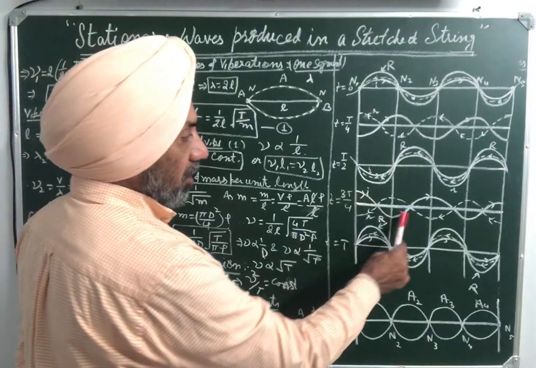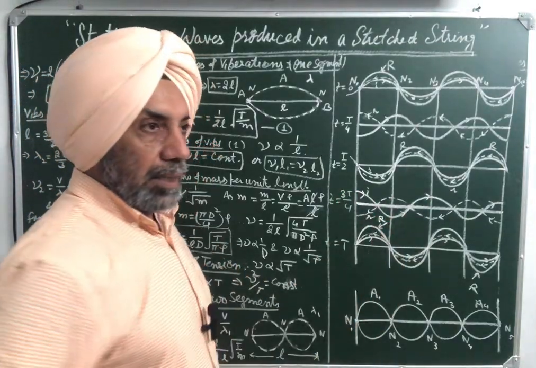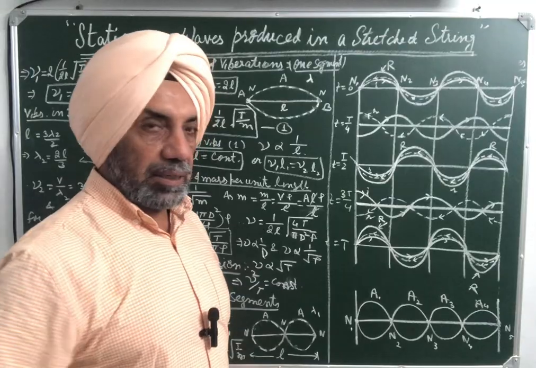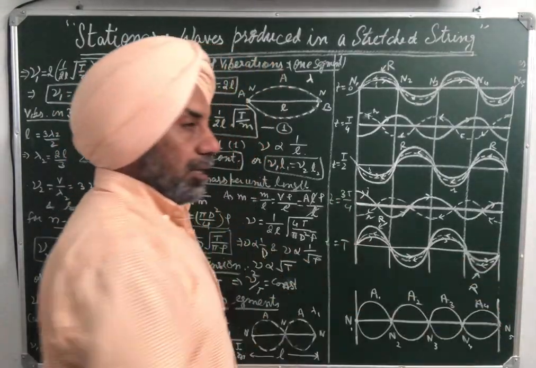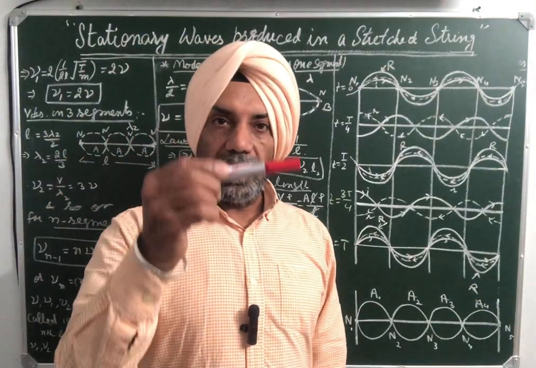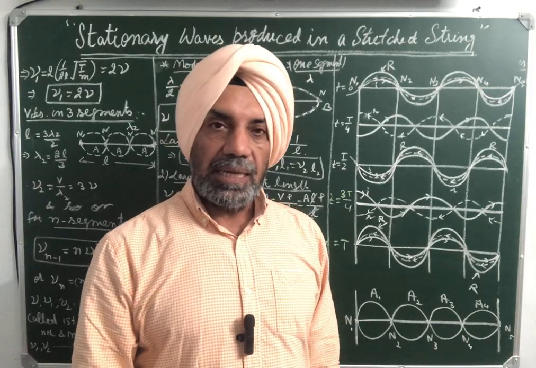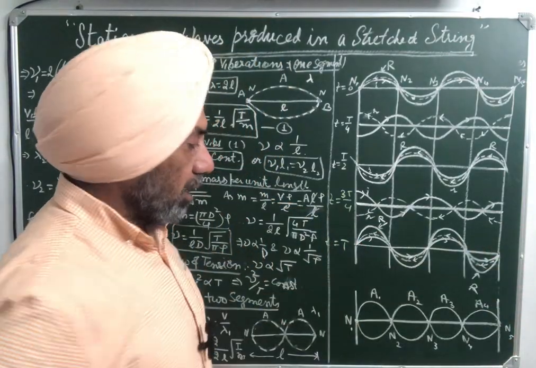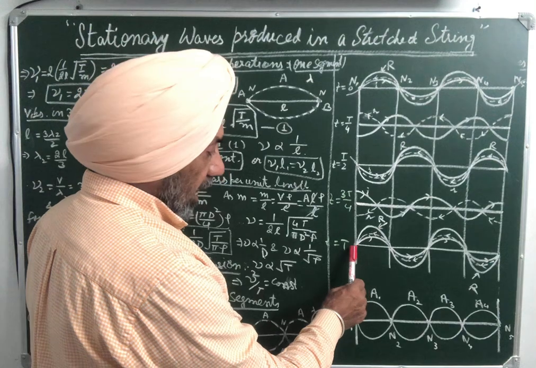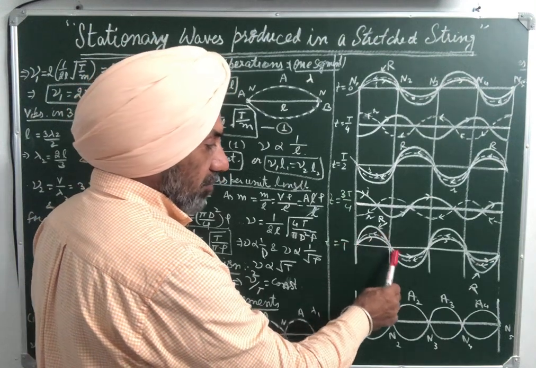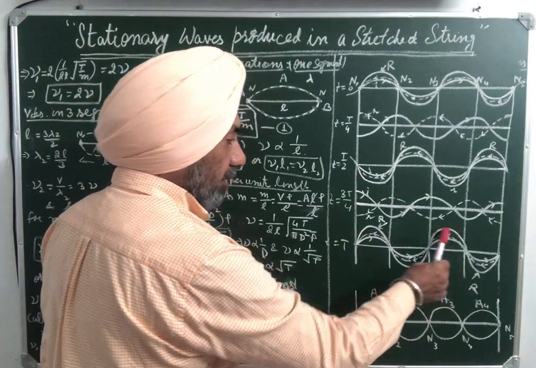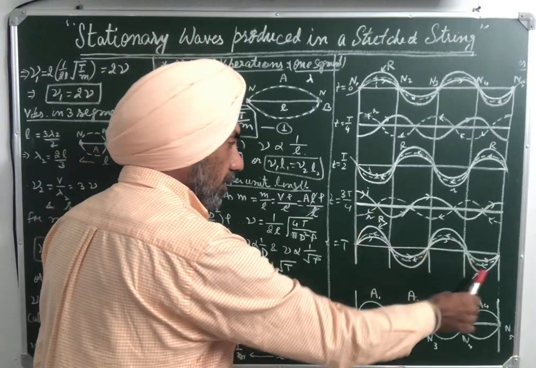And again this is the situation: crest is falling upon trough of other. So we get again a straight line. So string goes up, then down, then comes back, then again passes the mean position. And at t equal to T, incident wave, reflected wave, this is the resultant.